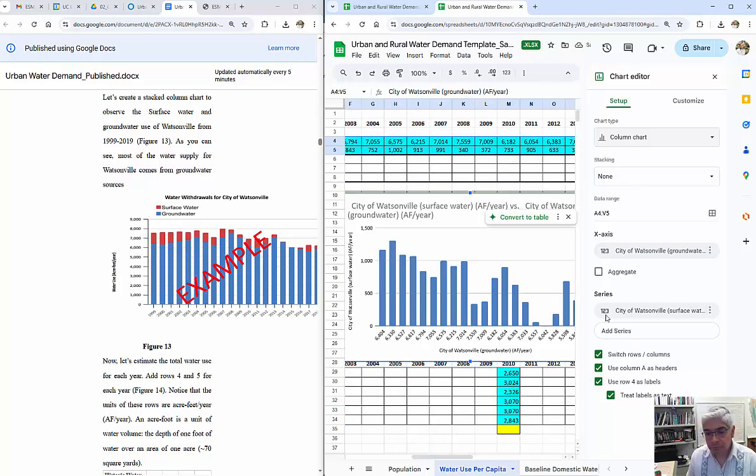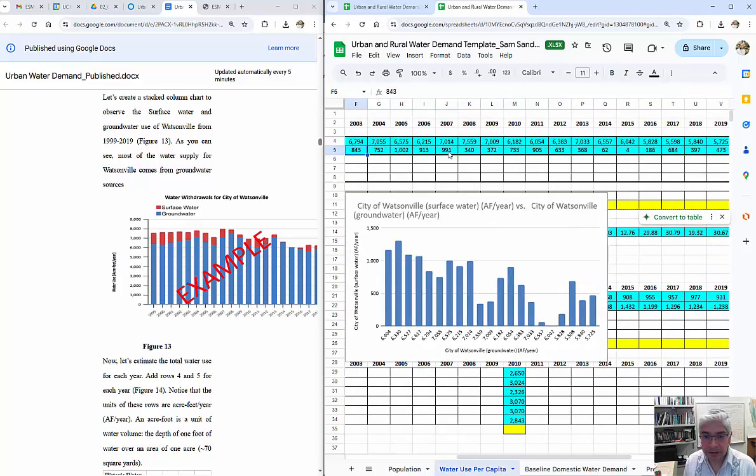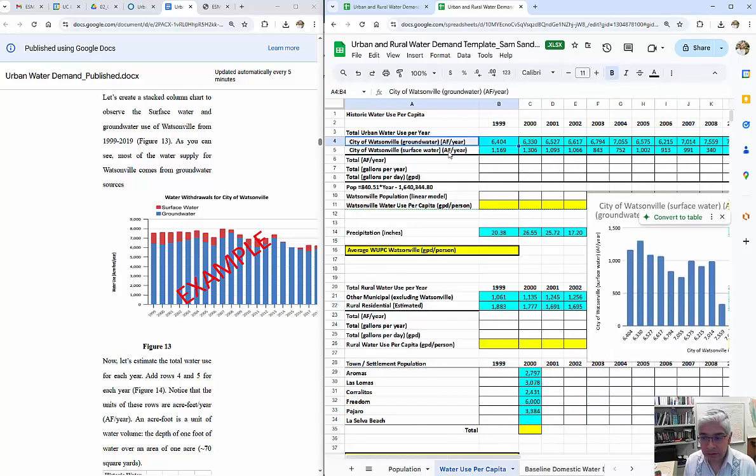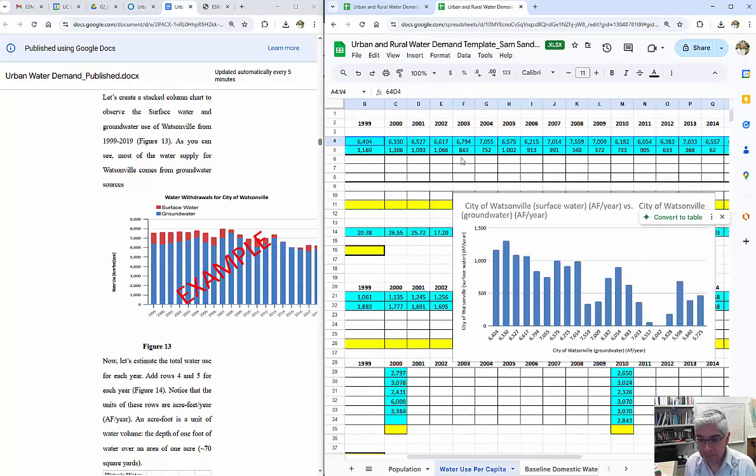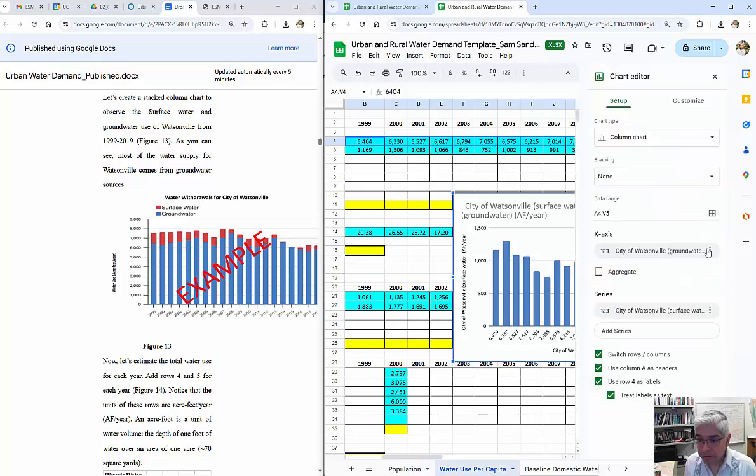Okay, so this is only having the series of the surface water. Here we're going to aggregate another one, and we're going to put here the series of the groundwater.